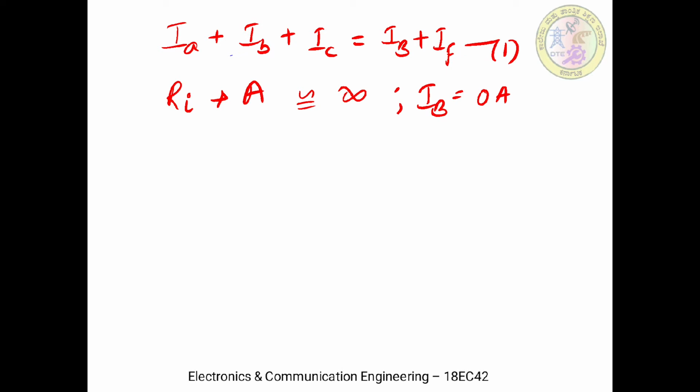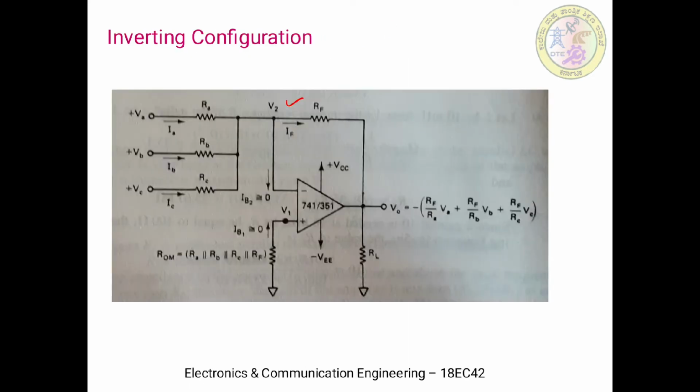Therefore what we have is only IA plus IB plus IC equal to IF. Just look at the circuit here. IA is nothing but VA divided by RA, and IB is VB by RB. Similarly, IC is VC by RC.